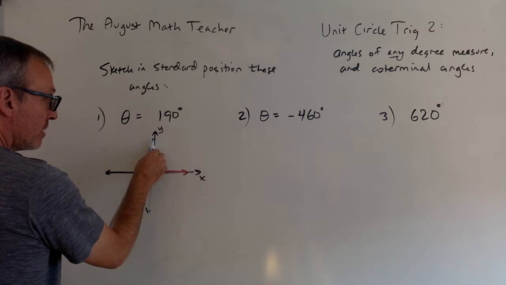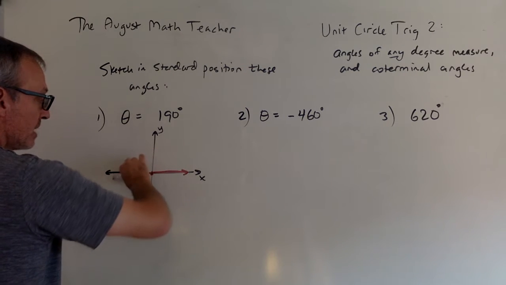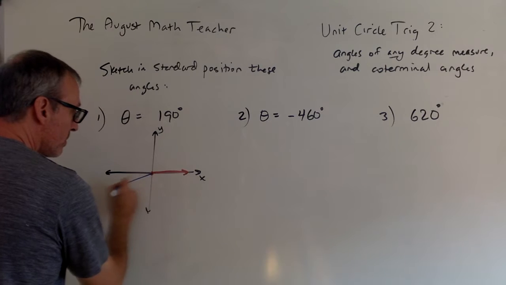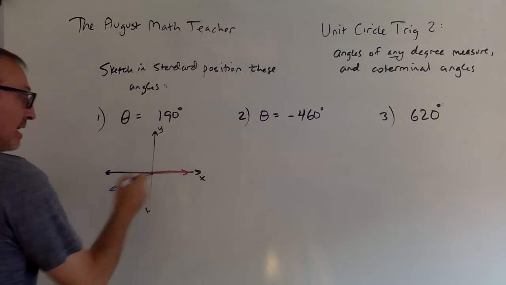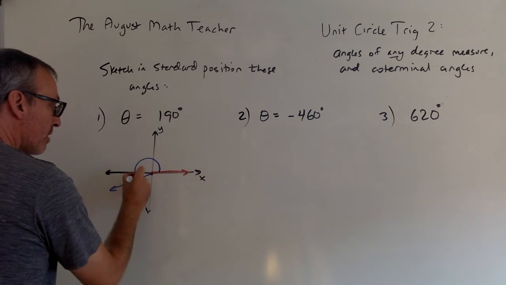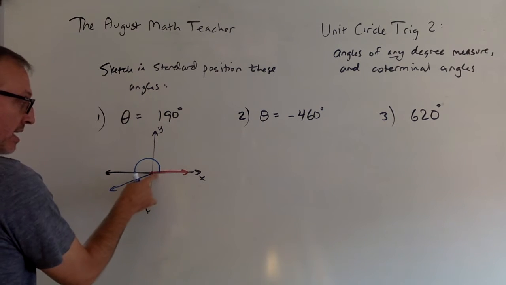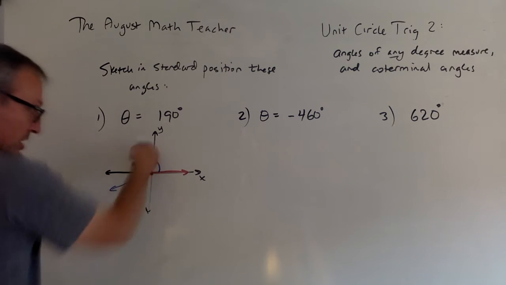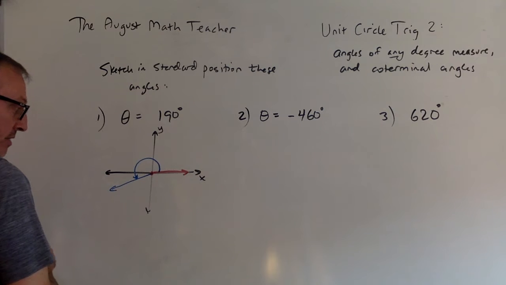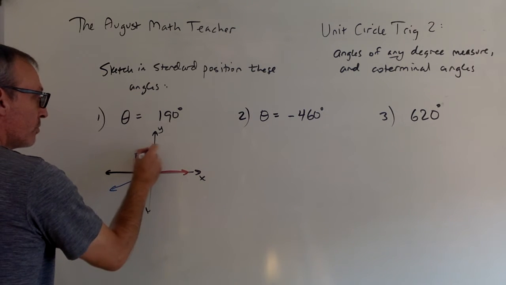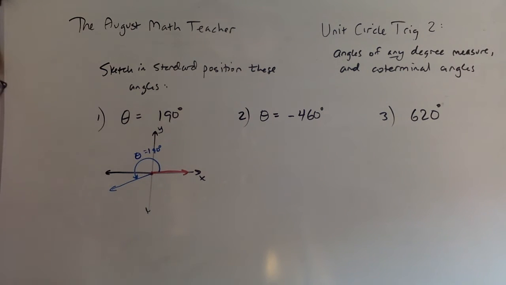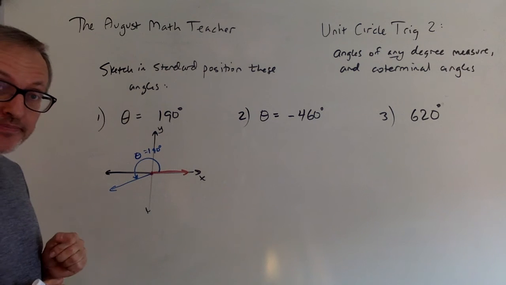We know that's 90 degrees, that's 180, so we need to go a little further, about 10 more degrees. So we just eyeball it, and we always draw an arrow that starts on the initial ray. Then there's an arrow down there, and we mark in theta equals 190. And that is a good picture of this particular angle.